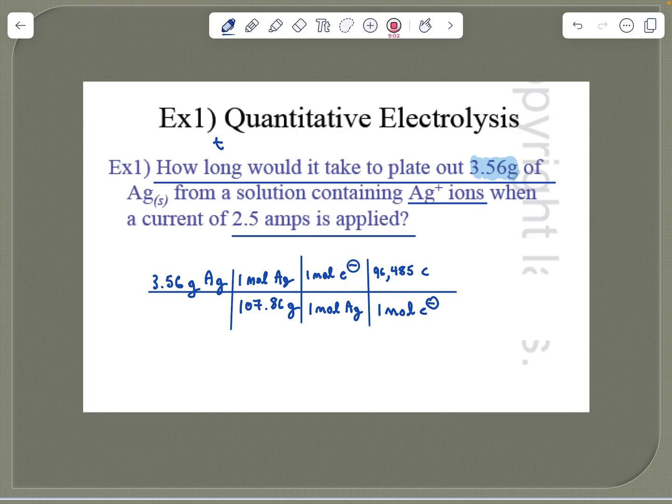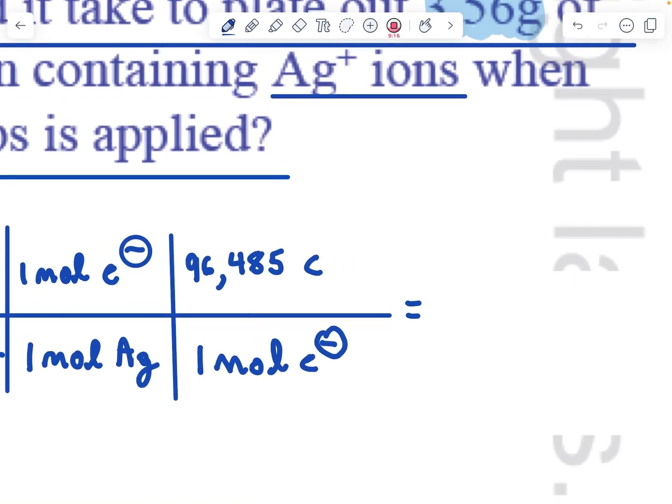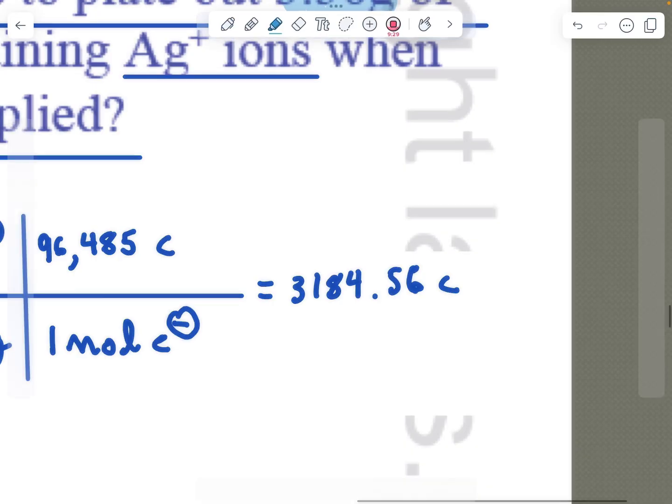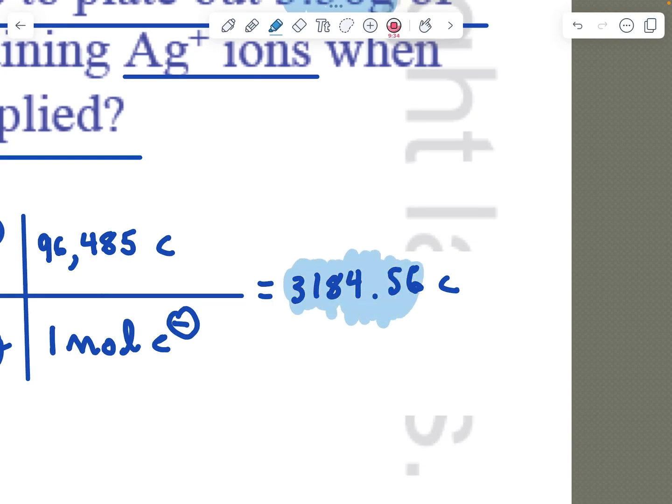So we get 3.56 times our constant, then we divide by our molar mass, and we get 3,184.56 coulombs.